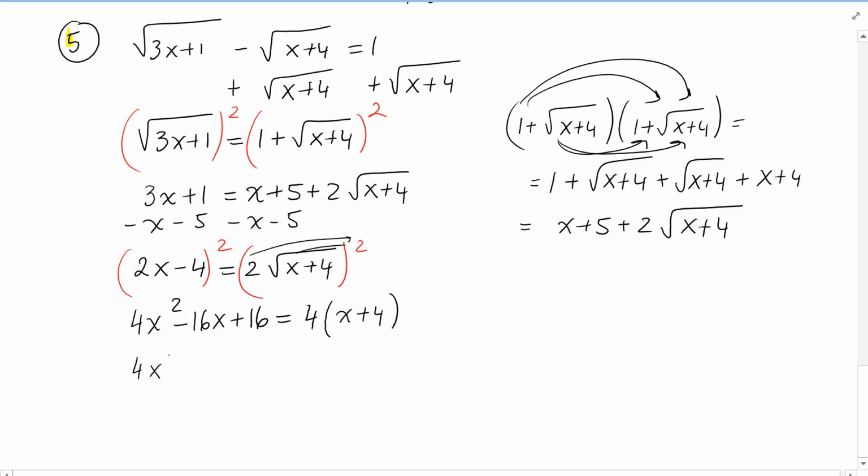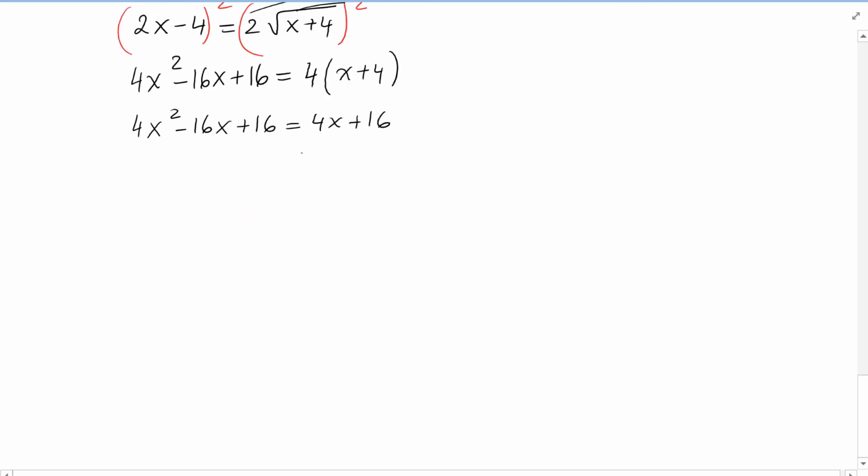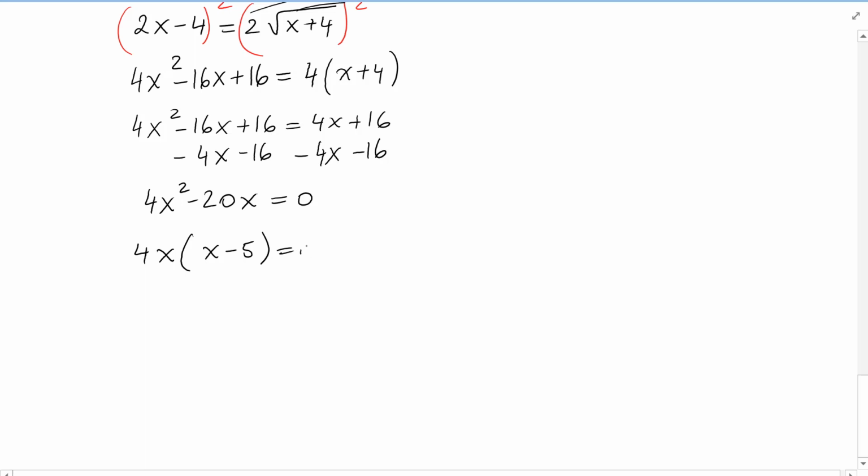So 4x squared minus 16x plus 16 equals 4x plus 16. It's a quadratic equation, so I'm going to move the terms. So we get 4x squared minus 20x equals 0. Factor out 4x and we get x minus 5 equals 0. So basically we have two solutions, x equals 0 or x equals 5.